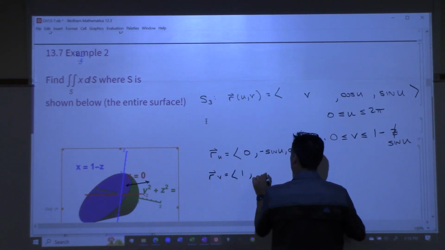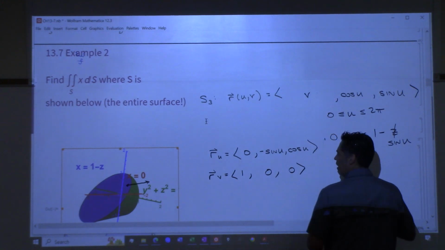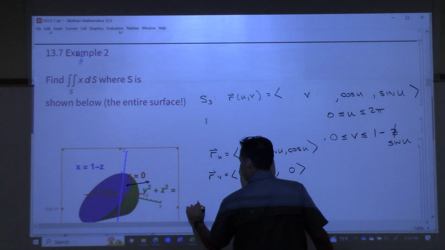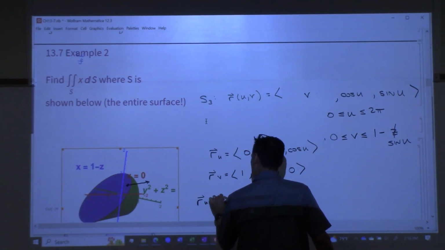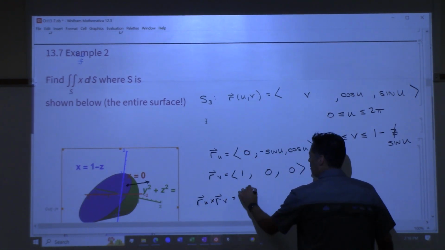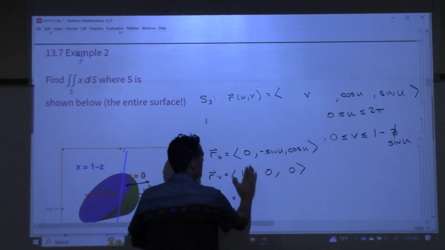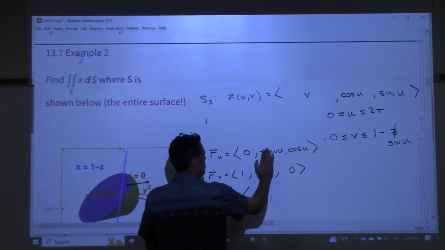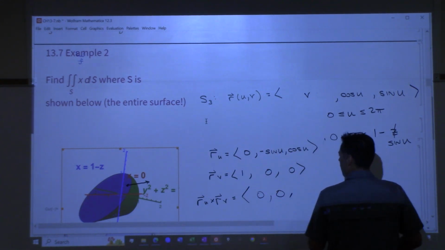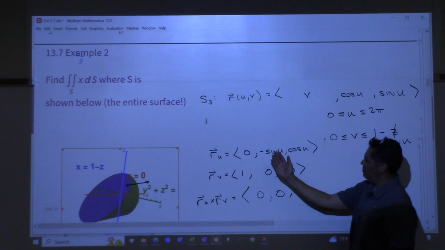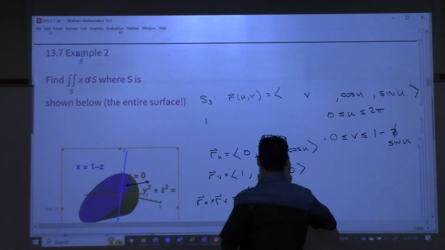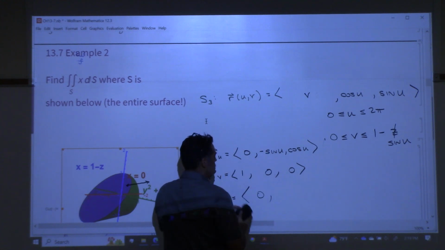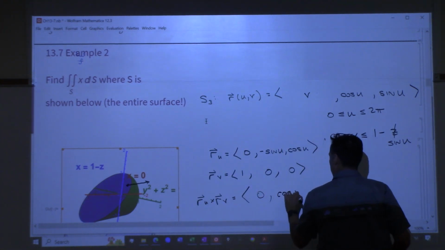Now I need partial of r with respect to v. 1, 0, 0. Ooh, that's nice, right? Cross this. If I cross, lots of things are going to be gone. 0, 0. Wait, is that right? Hold on. Yeah. This one right here, I get 0, and then I subtract cosine u.